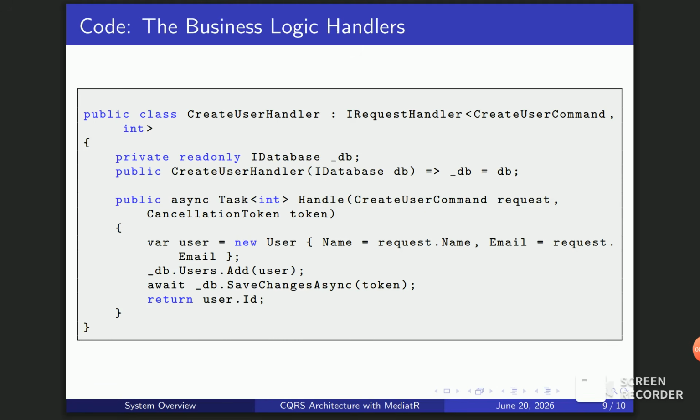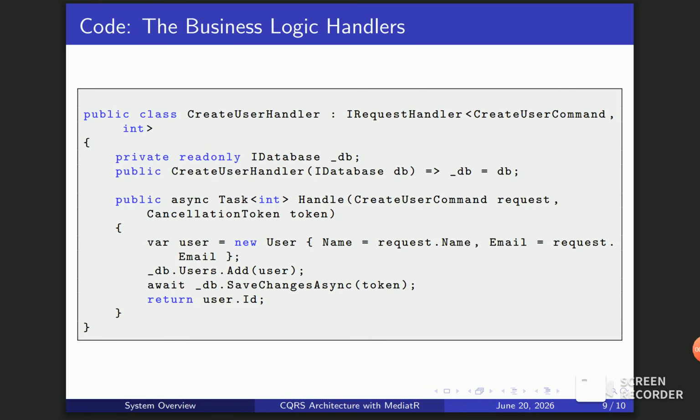The create user handler will implement the IRequestHandler interface that is generic too, but you see here, it has the same record. It implements that record, create user command, with its return type of int, right? And then we can see here, this is where we have the logic to talk to the database and stuff. And so we could see in CQRS, we're granular with our commands and our queries, right?